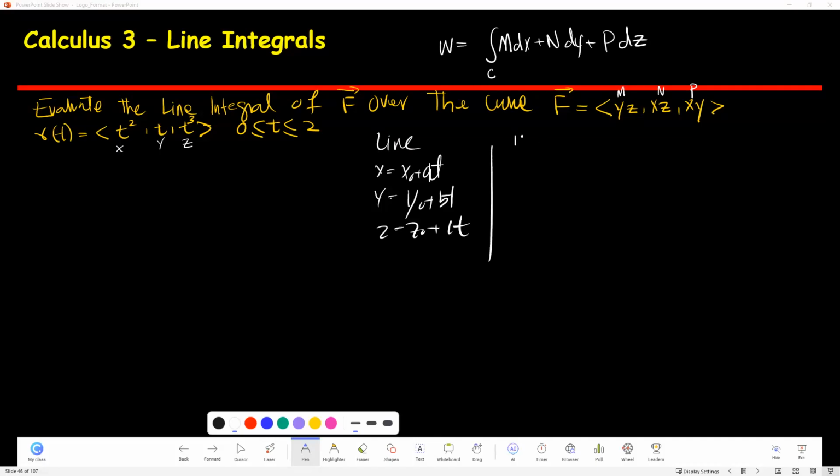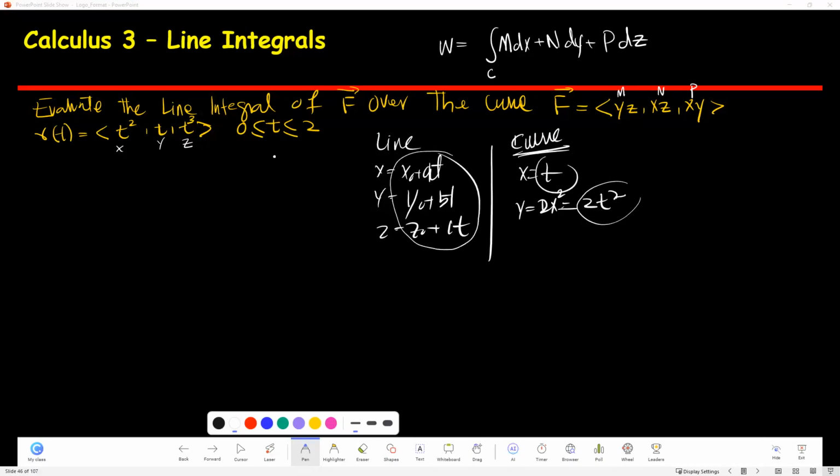For a curve, I'm just going to repeat these things because sometimes it gets confusing. We usually say x equals t and y equals, whatever, 2x squared, so y equals 2t squared. This is for a curve. But you see, in the end we get both in t form. Here we're going to get everything in t form, so the whole thing is done for us. It's already provided in the form we are looking for. Our job is much easier.